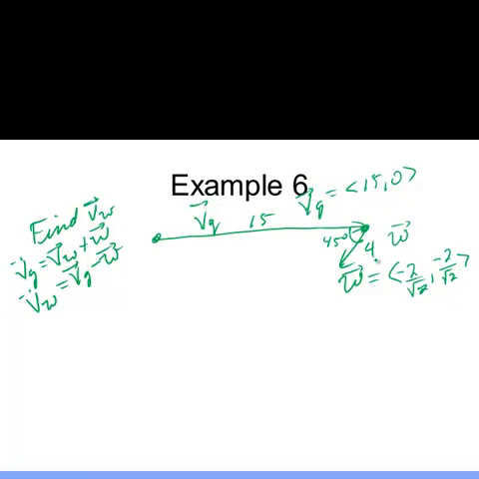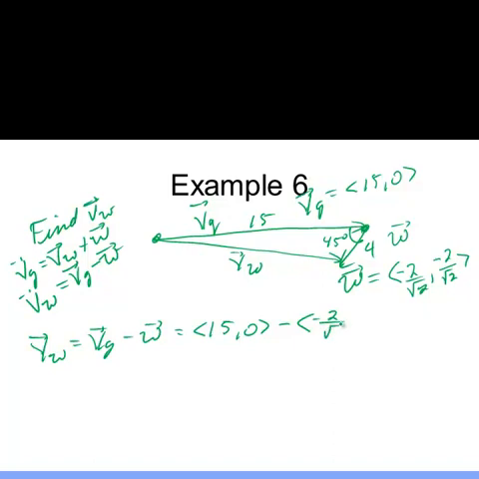All right, so now what we're going to do is find V sub W. V sub W is V sub G minus W. All right, so that's going to be 15, 0 for V sub G minus W, which is -2 over square root of 2, comma, -2 over square root of 2.